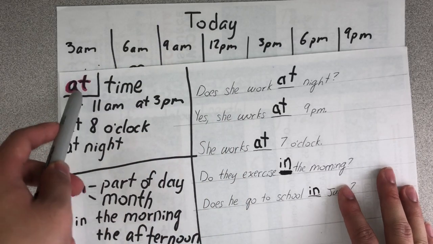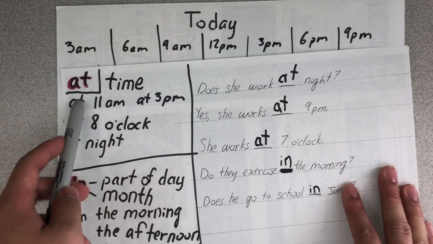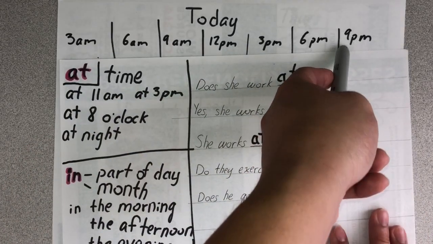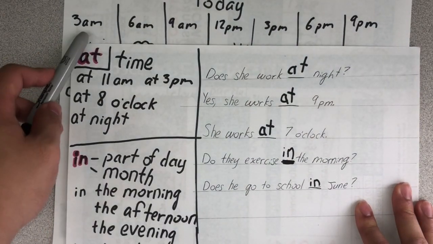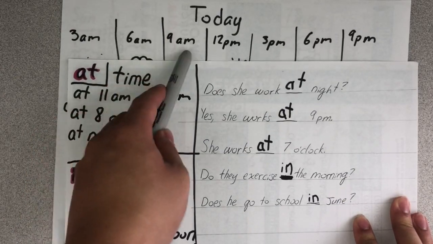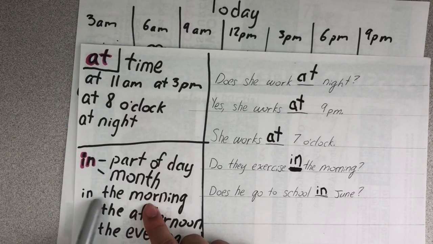We say at 3 a.m., at 9 a.m., at 3 p.m., at 9 p.m. Well, we know 3 a.m. is at night, so we can say at night. 6 a.m., 9 a.m. is morning, so we say in the morning.